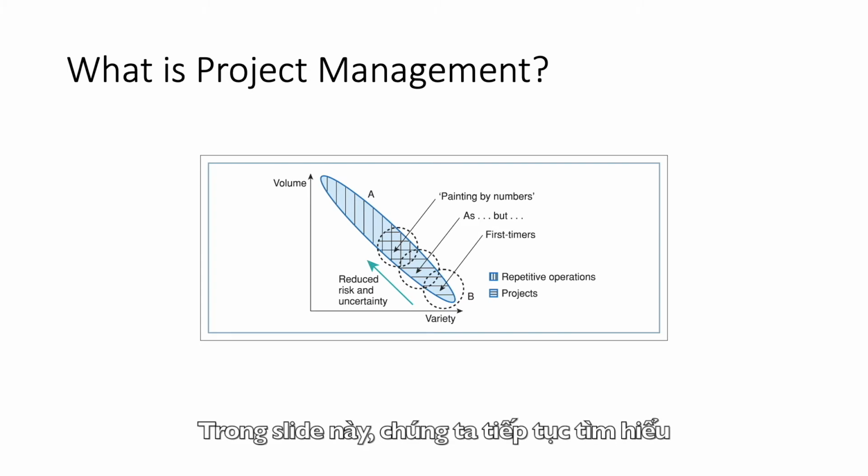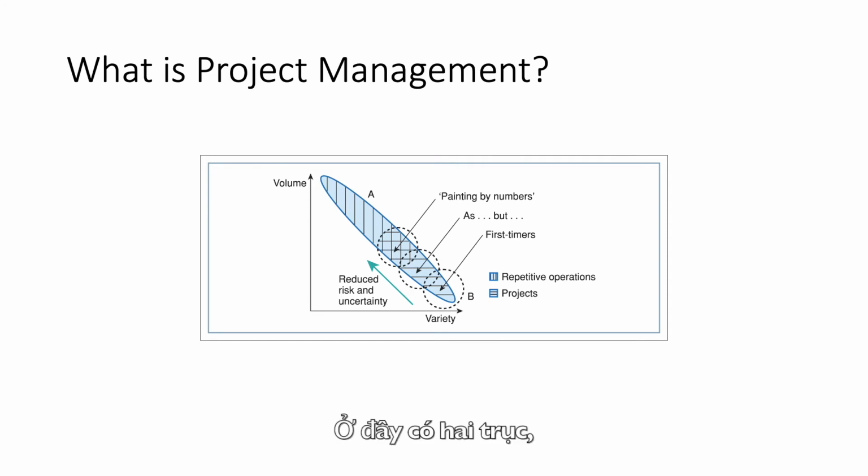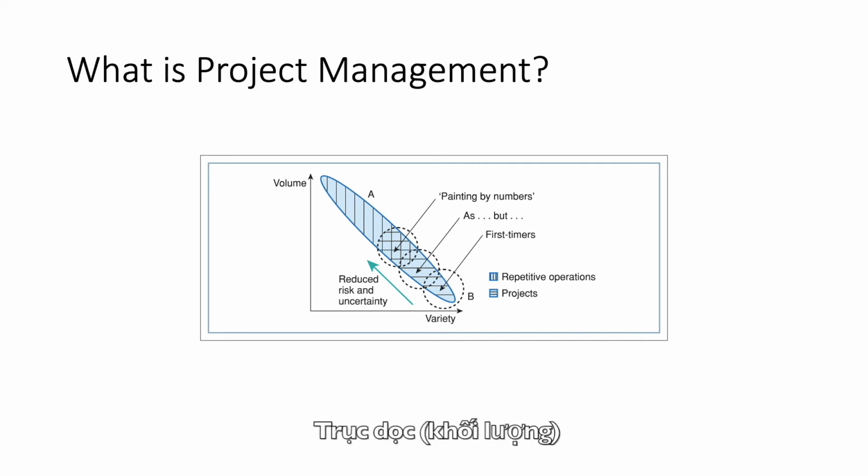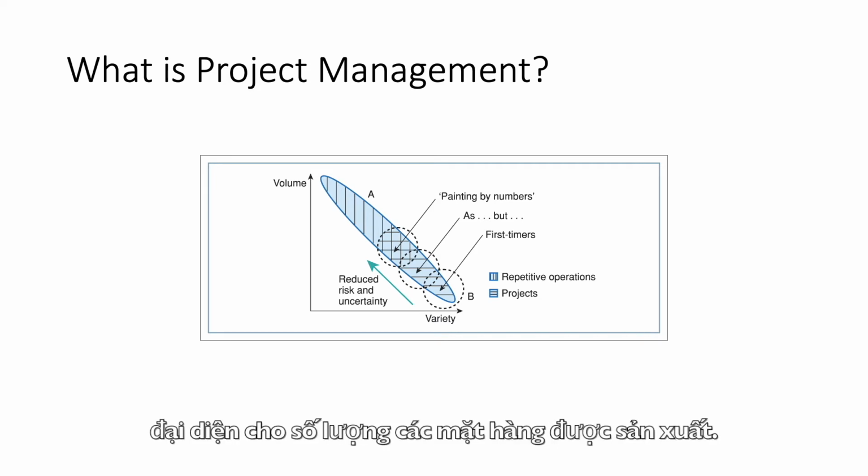On this slide, we're further defining project management in a graphical format. You can see I'm plotting two axes, volume and variety. On the volume axis, we're representing the quantity of items that are produced.